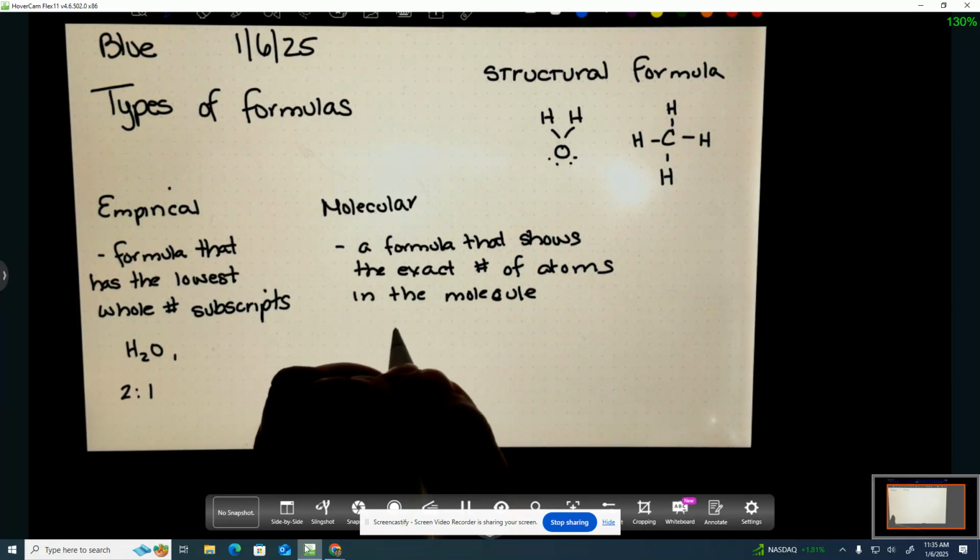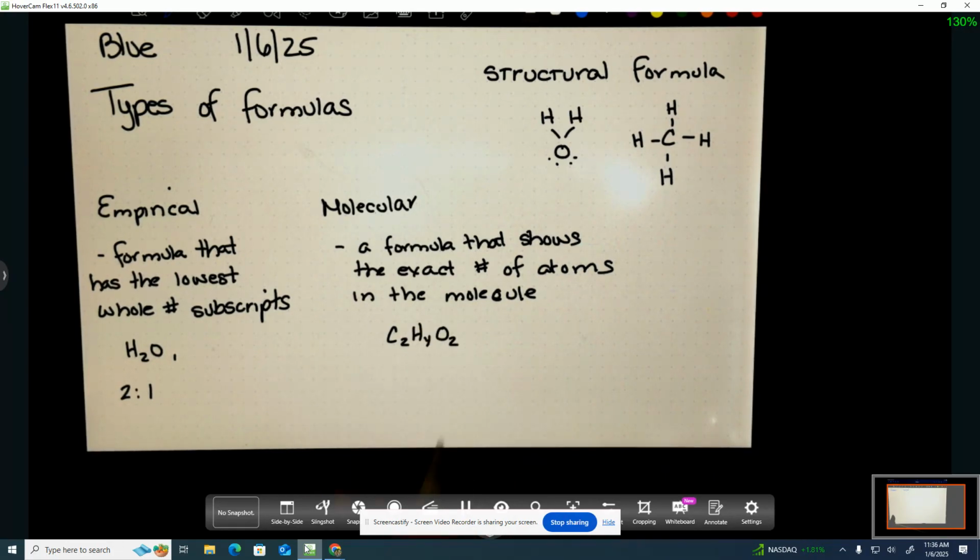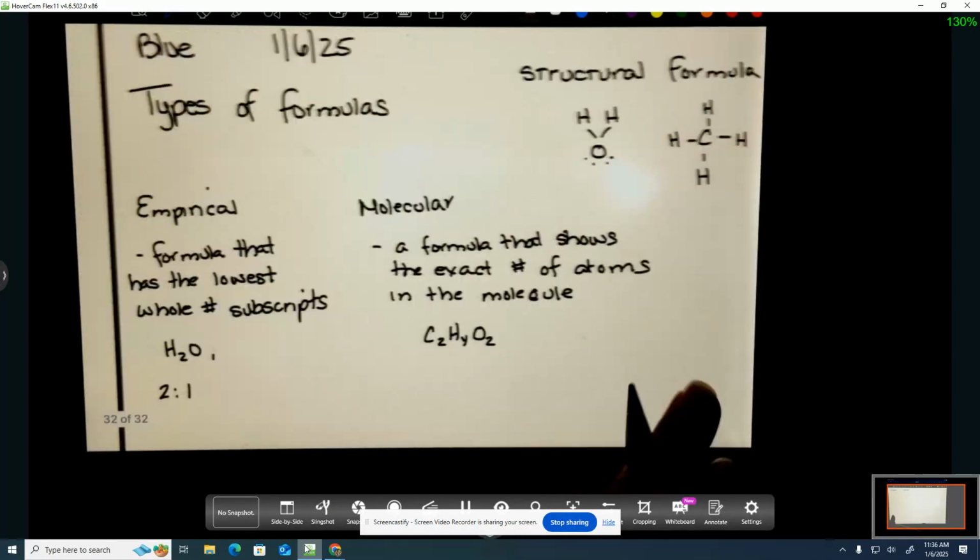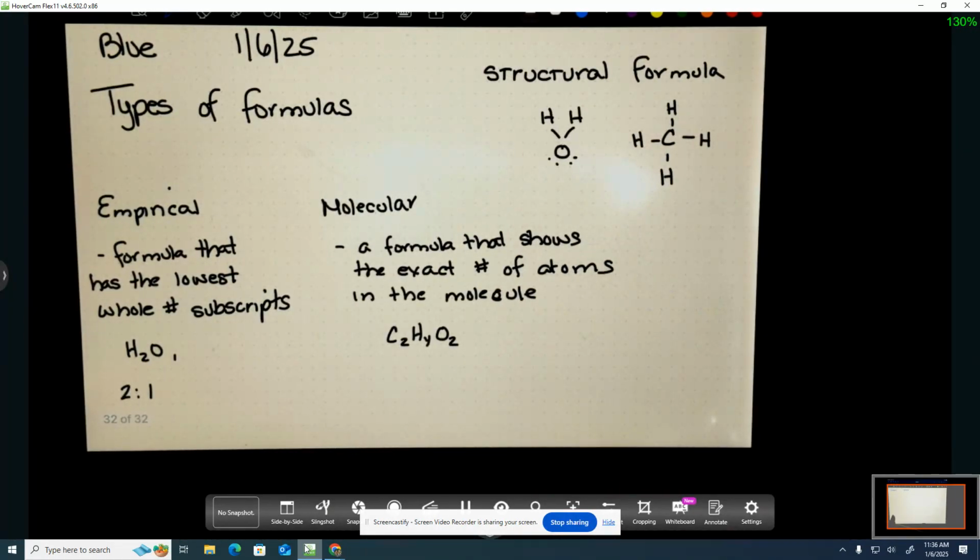For instance, if I write C2H4O2, it is not lowest whole numbers because 2 to 4 to 2 can be reduced to 1 to 2 to 1. It's telling me that I have 2 carbons, 4 hydrogens, and 2 oxygens. Every molecular formula has one empirical formula, the empirical formula being the lowest whole number ratio. So I'm just watching you guys finish writing that down, and I'll show you another example.